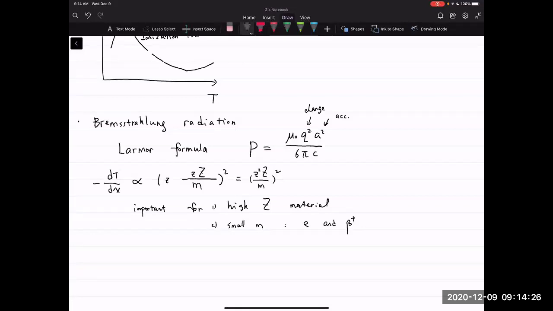When you send electron beams, or positrons, the same thing, to materials, those electrons will get slowed down. Because of the interaction between the electron and the nucleus, the electron can get slowed down very quickly, leading to a very large acceleration, and then the energy is released in the form of an electromagnetic wave.